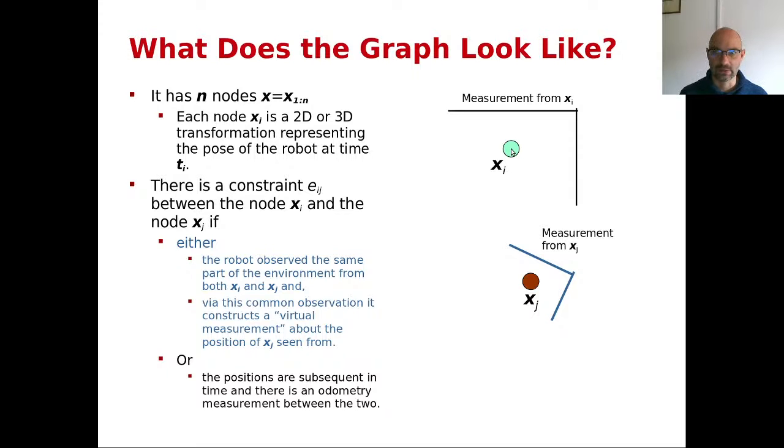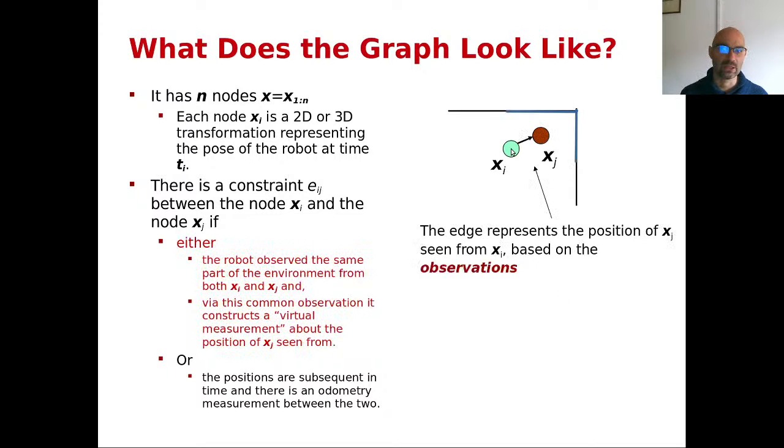Now, it becomes obvious that what you could do is to register the observations that I have made, and by registering the observations, you would determine basically implicitly a transformation of xj expressed in the reference frame of xi.